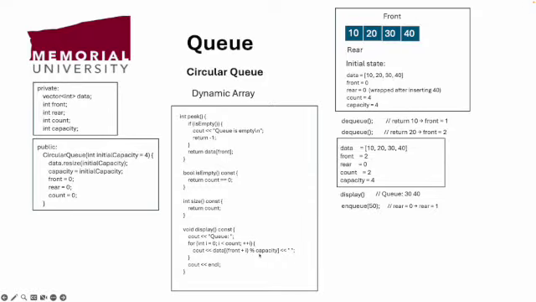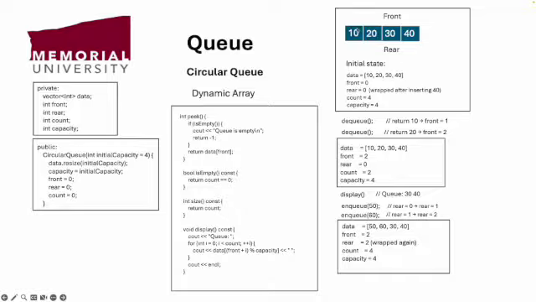Because the count is not equal to capacity 4. And we put 50 into the rear. The rear will move to 1. This is going to change to 50.